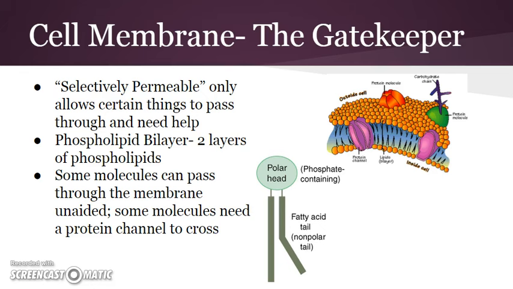Some molecules can pass through the membrane unaided, and some molecules need the protein channel to cross. Things that are very large are going to need the protein channel to cross. Certain molecules that cannot diffuse through the polar phospholipid bilayer are going to go through the protein channels.